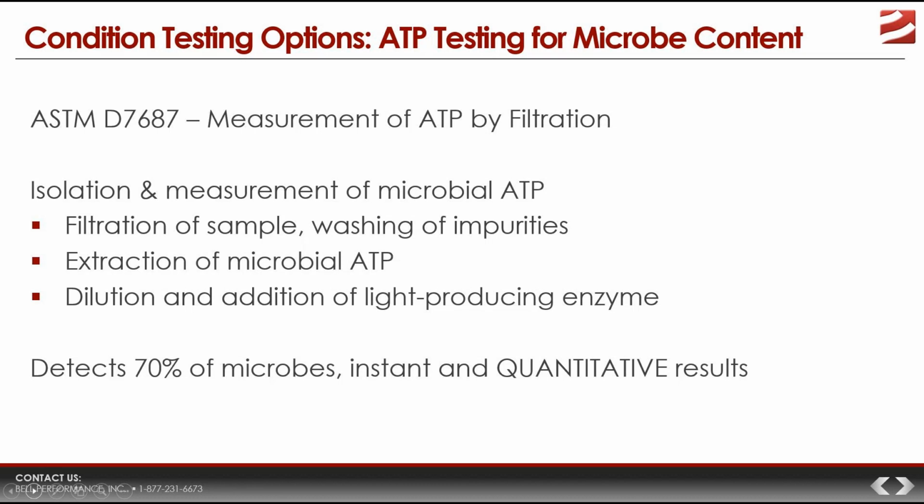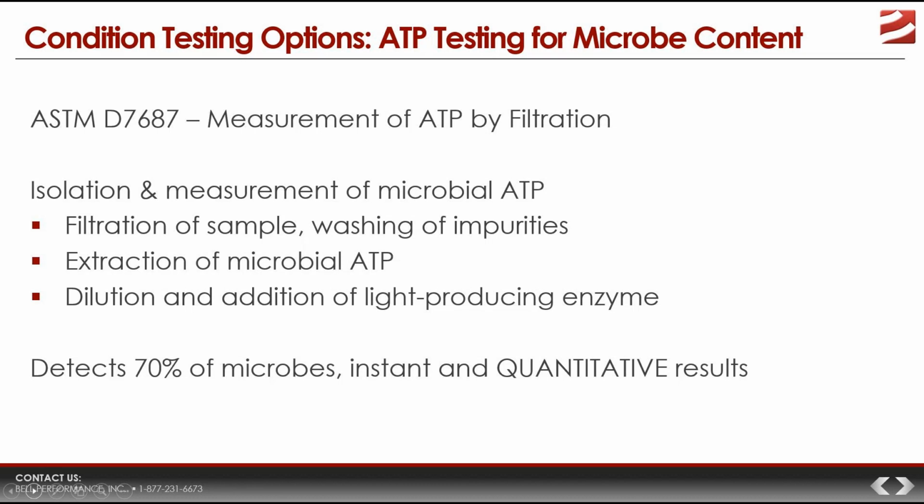That gets diluted, and then you put a measured amount of that and an amount of a certain kind of enzyme that produces light when it's exposed to UV light. It glows like a firefly, basically. So then you take that little test tube, you put it in a luminometer, which exposes it to the light, measures the luminescence, so to speak, and from that you get fairly accurate results on the microbial content in that sample.